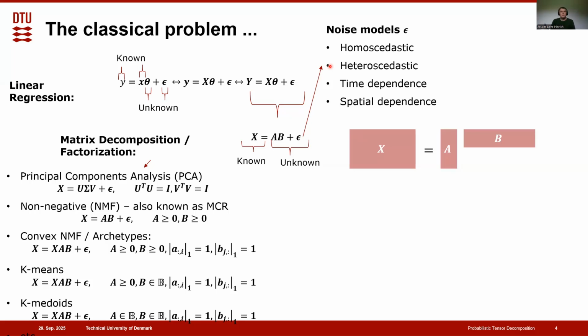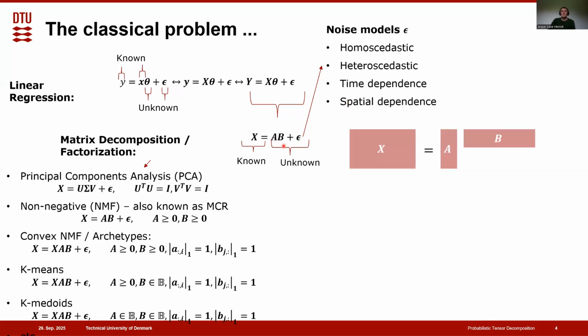Maybe some of your features, or if you look at spectral information, some areas of the spectra are more noisy due to how the instrumentation behaves. Or you might have outlying samples that are simply outliers because they have a huge error source. And then you can do time and spatial dependence if your problem fits it.